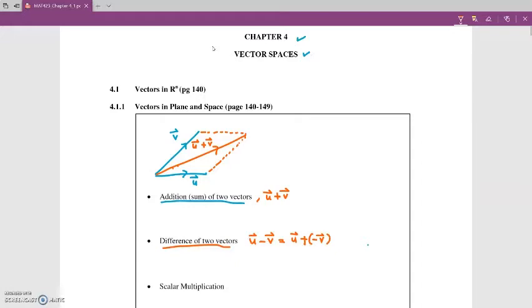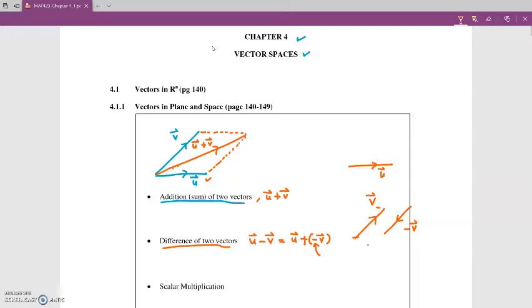So, this negative sign here means that if you have a vector v, negative v means you have the same magnitude, the same length, but with the opposite direction. So, this is vector negative v. How are we going to add these two vectors together? Let's say I'm using the same vector u, like this.